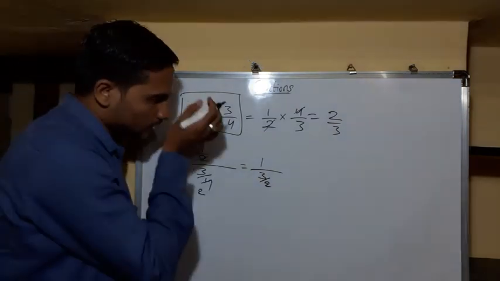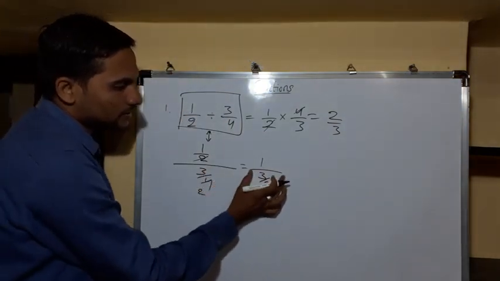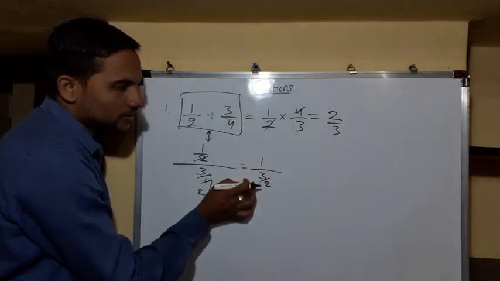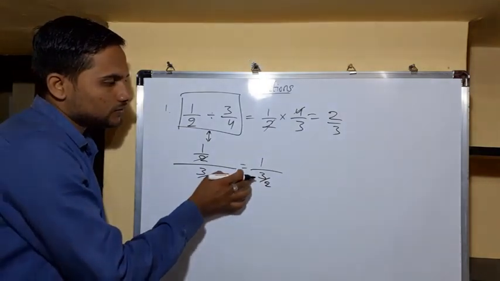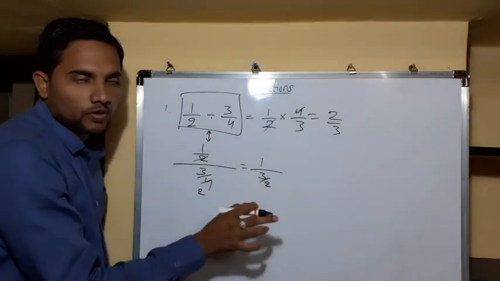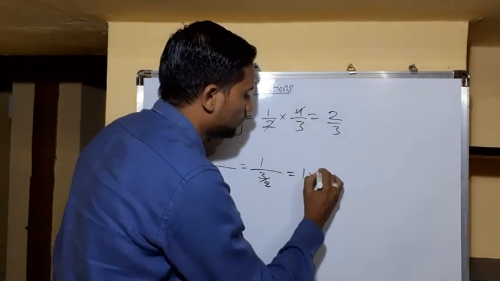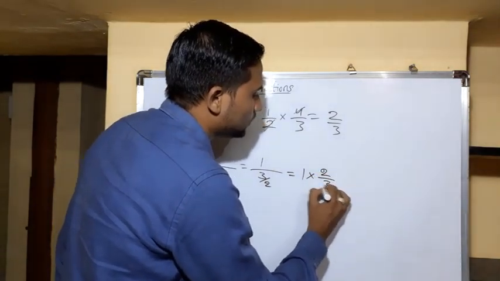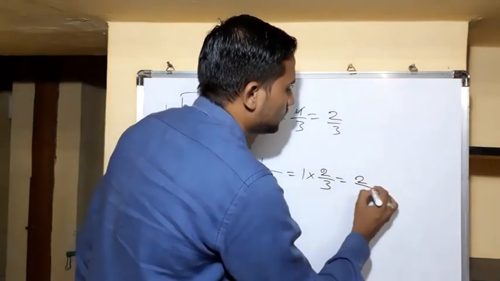Now, friends, if you want to do the simplification, see, it is division, right? The division should be converted into multiplication, and for that you have to take the reciprocal. The same thing I am doing here, 1 into 2 by 3. Understood? It is 2 by 3.